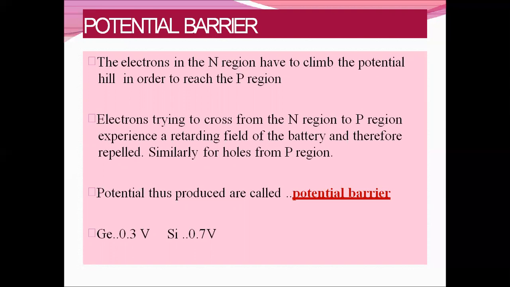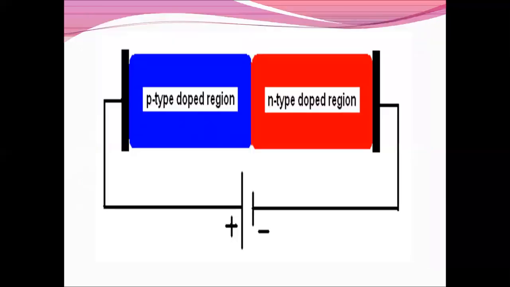The potential thus produced is called the potential barrier. The potential barrier for germanium material is 0.3 volt. For silicon material, it is 0.7 volt. So this is the PN junction diode, which is formed from doped semiconductor material.